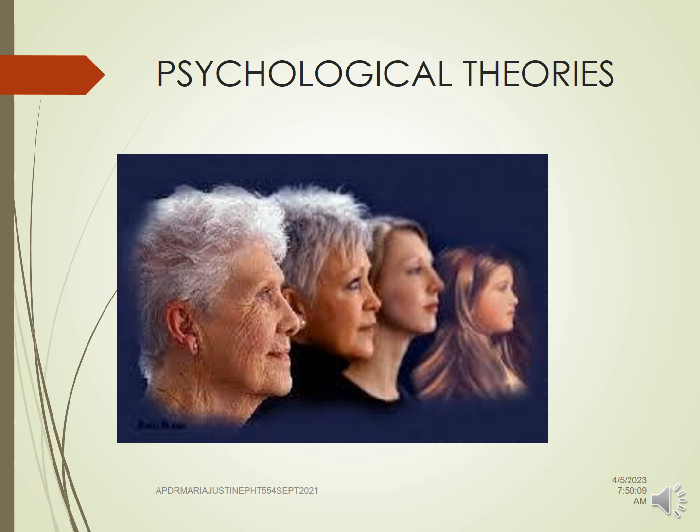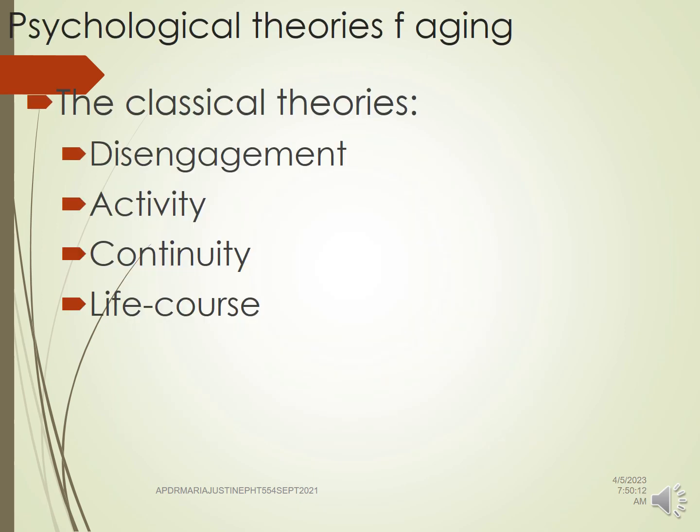Okay, now the psychological theories. These are the famous or classical theories: disengagement theory, activity theory, continuity, and life course. I'll give you a very brief explanation of disengagement theory. You look at people around you or your immediate family. When they reach a certain age, they start to disengage.